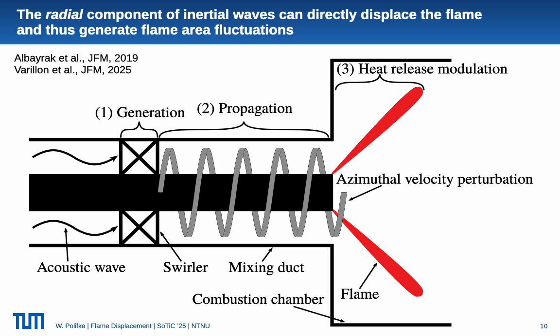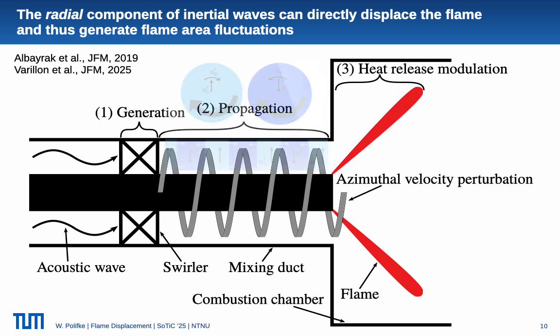How that comes about has not been clarified yet, because if you have an azimuthally symmetric flame, azimuthal velocity perturbations would have a hard time perturbing the flame.